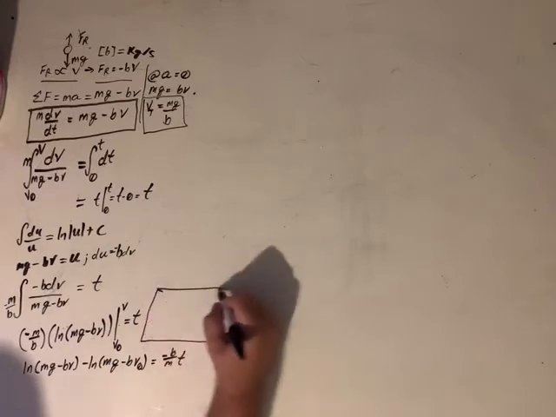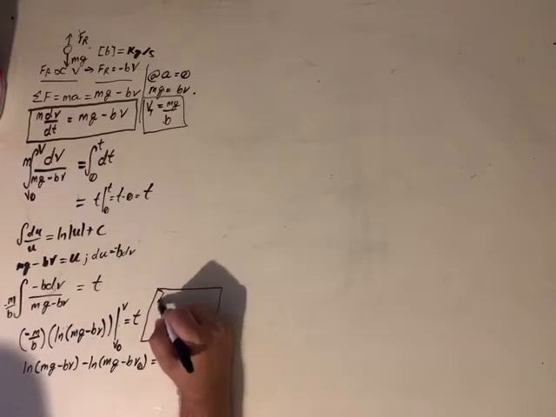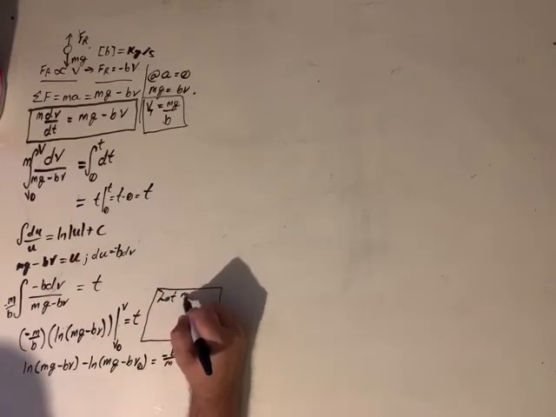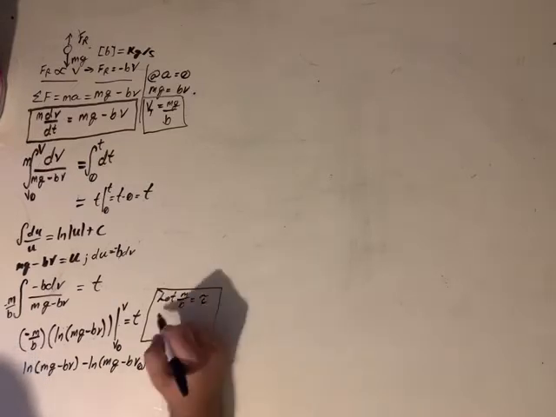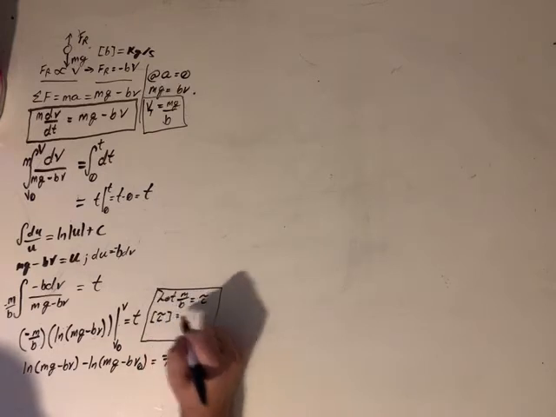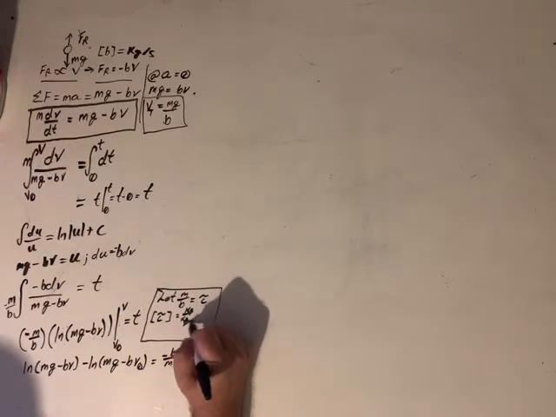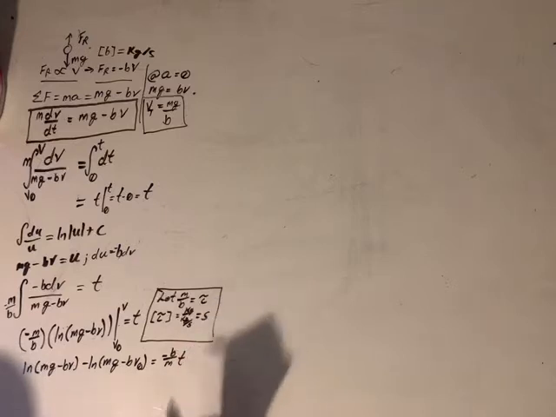And I'm going to put a little note here that says let m over b equal tau. And remember, the units of tau are going to be kilograms over kilograms per second, and that's going to be seconds.